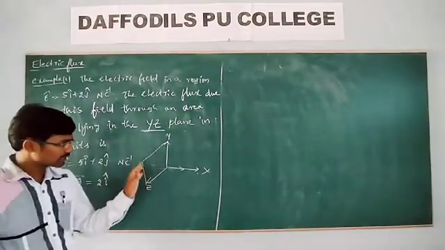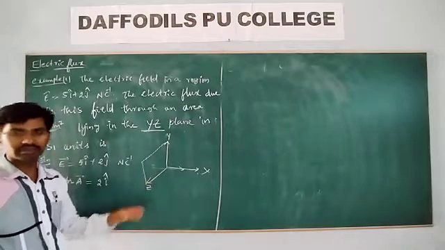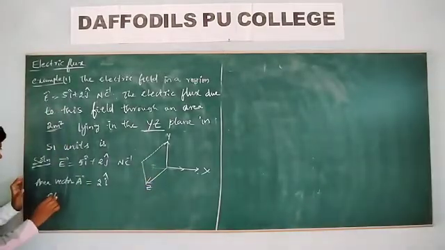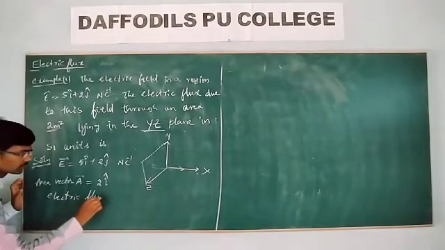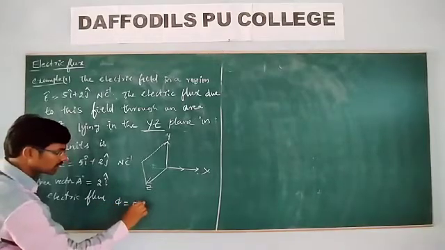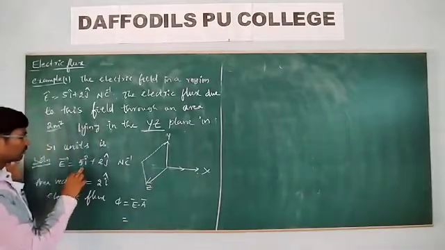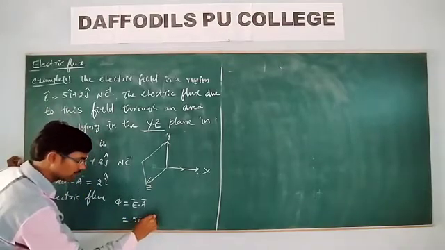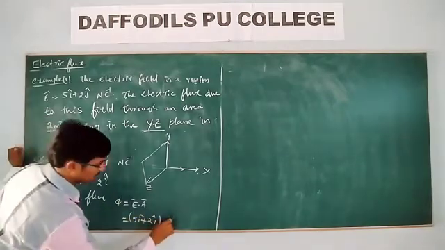So we need to calculate the electric flux through this yz plane surface of area 2 meter square. We already know electric flux phi is equal to E bar dot A bar. Then we can write (5 i cap plus 2 j cap) dot (2 i cap).